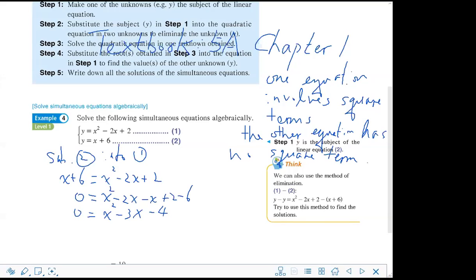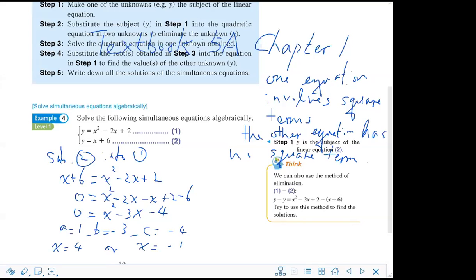It is in the form of ax squared plus bx plus c equals 0, which means that a is equal to 1, b is equal to -3, and c is equal to -4. And then you may use your program one to do the calculation to find that x is equal to 4 or x is equal to -1.